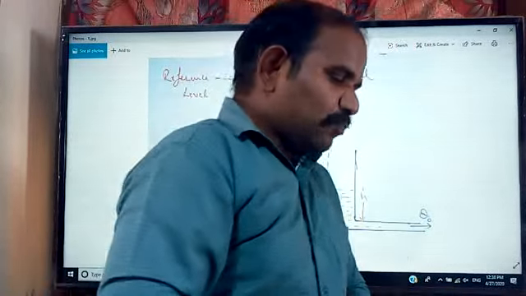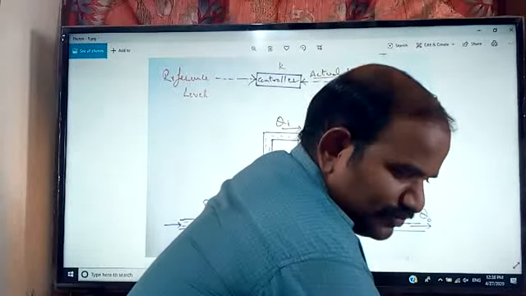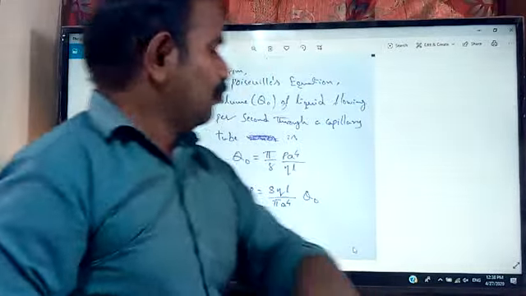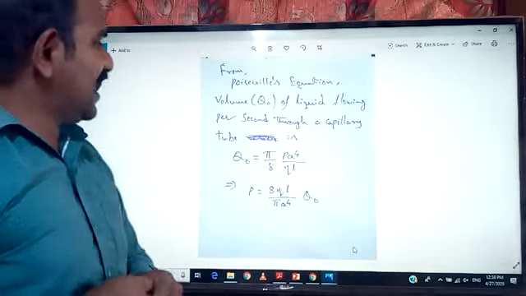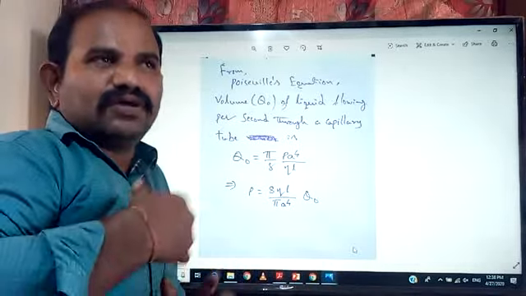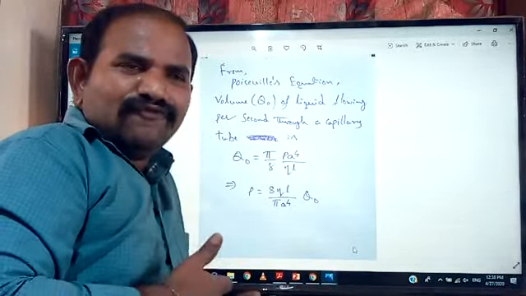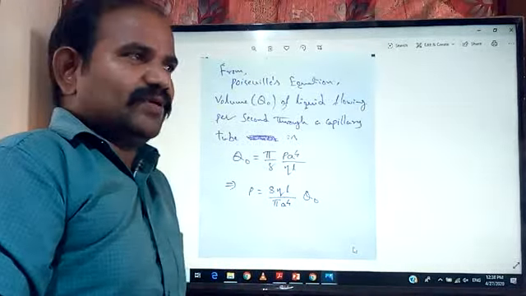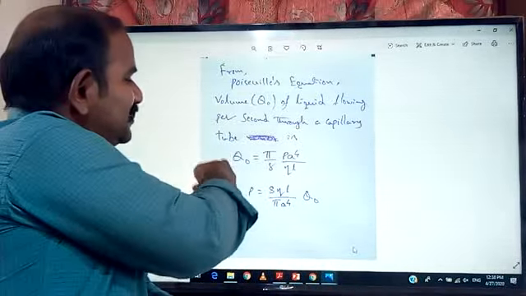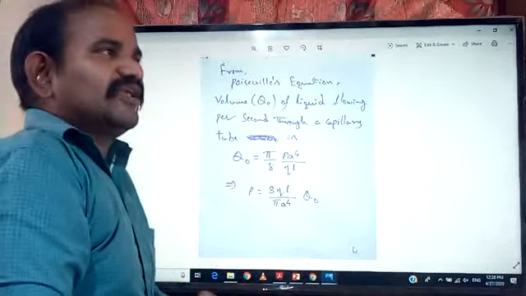So let us see Poiseuille's equation. All of you know that one, but let me show you. So this is my Poiseuille's equation. As you know, the volume of the liquid flowing through the tube per second can be calculated using the equation. Here I am assuming Q naught is the outflowing liquid volume.